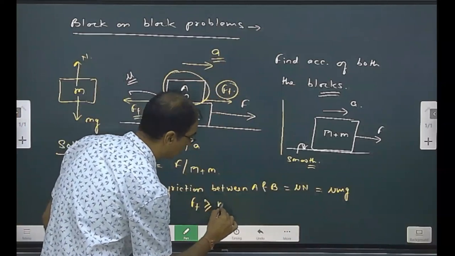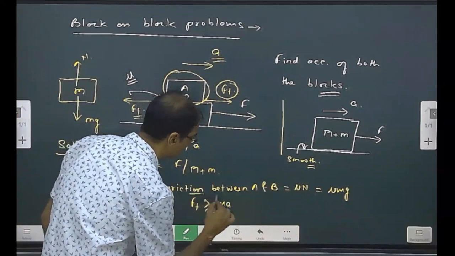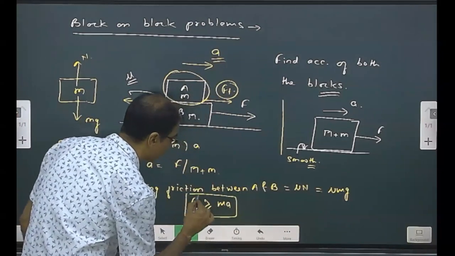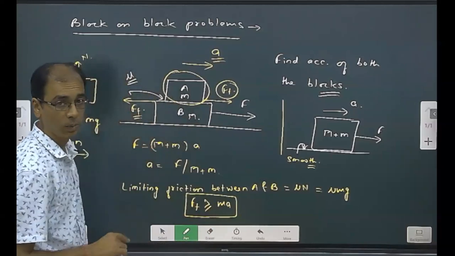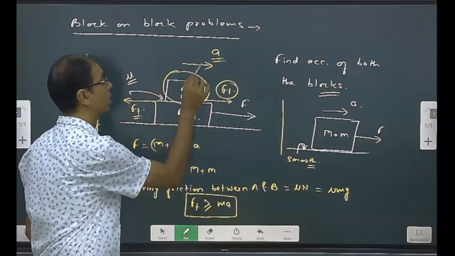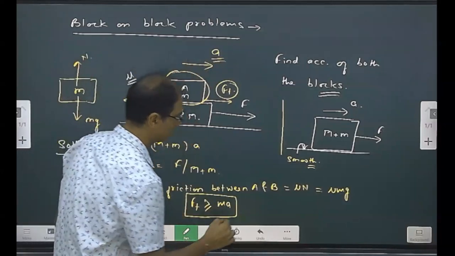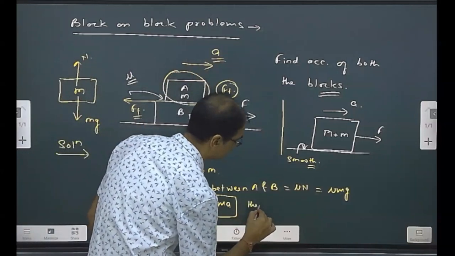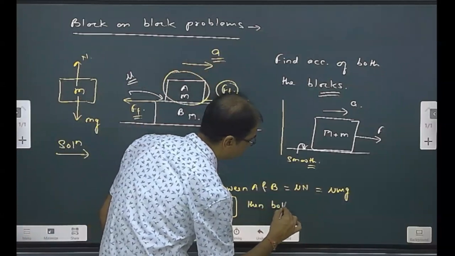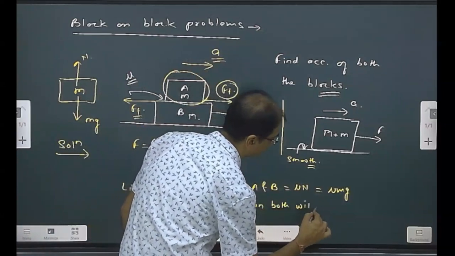That is ma. If force of friction is greater or equal to mass of this block and its acceleration, then both will move together.